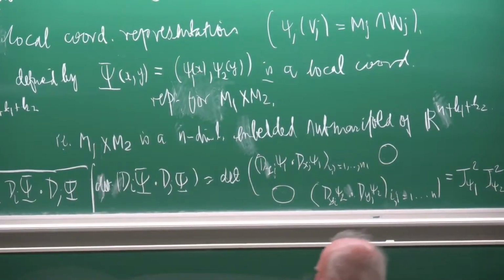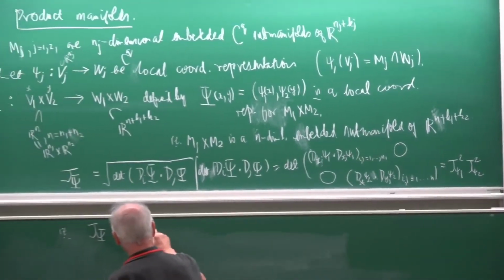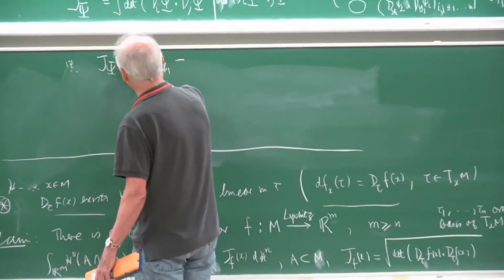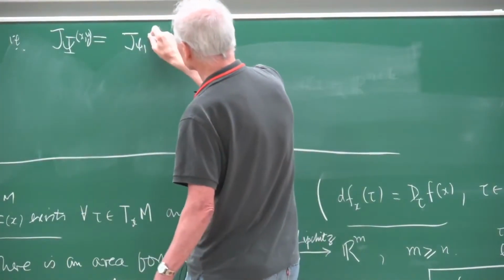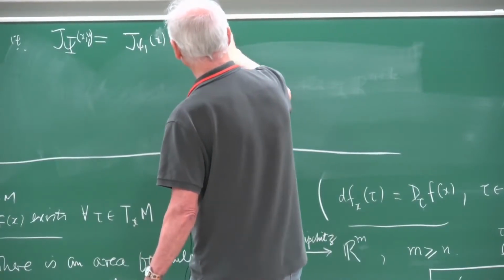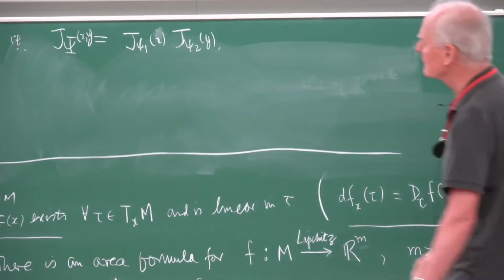So indeed, you get that Jc at (x,y) is simply the product of Jc1 at x times Jc2 at y. I guess that's no surprise. That's what you would have guessed, right? But indeed, that turns out to be the case.